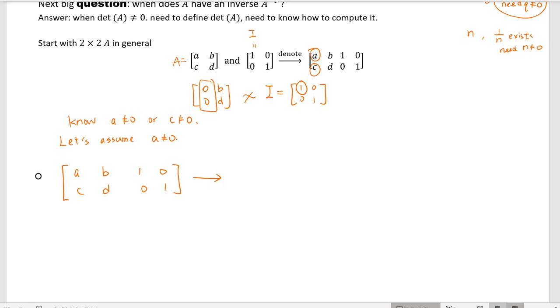Let's perform Gaussian elimination. We want to make this entry 1. How do we do it? We can divide the row by A, and because we assume A is not zero, it's okay to do that, right? When we divide by A, we get 1, and then B over A, 1 over A, 0.